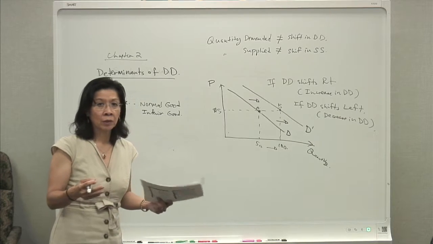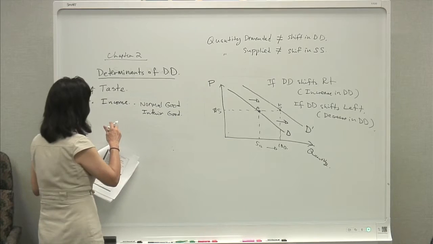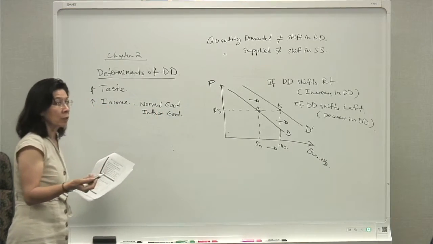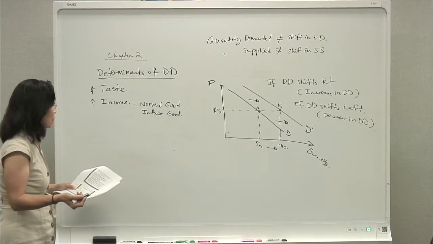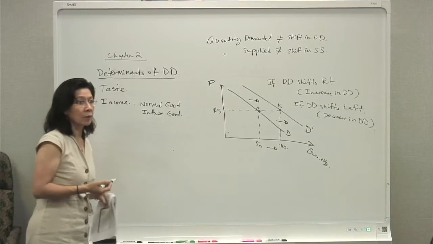If the price of these goods goes up, you consume less of it. Assuming all these things are normal goods, a normal good is one where if your income goes up, you consume more of it. An inferior good is the opposite.